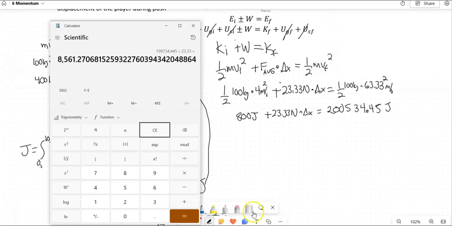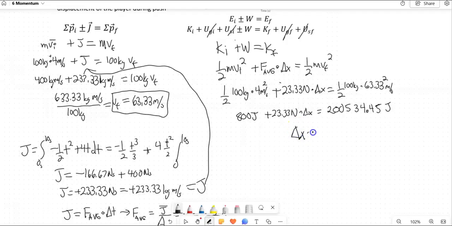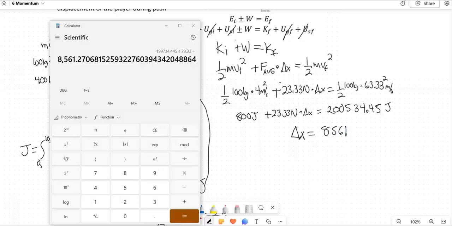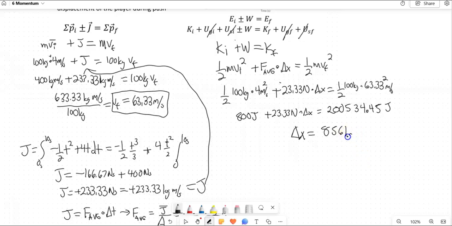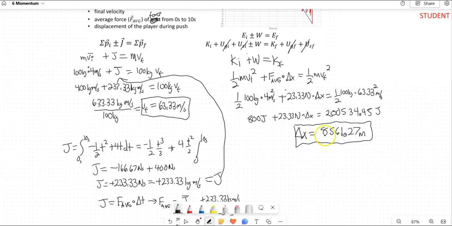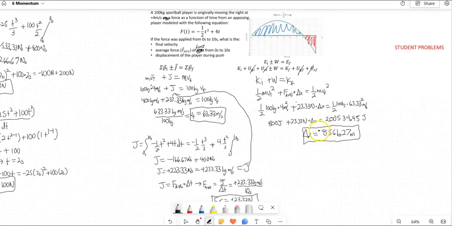So their displacement is 8,561.27 meters. I'm pretty sure. Okay, this ceases to be a sport ball game and is more like a nomadic journey. Really, it's going to take forever to go that far.